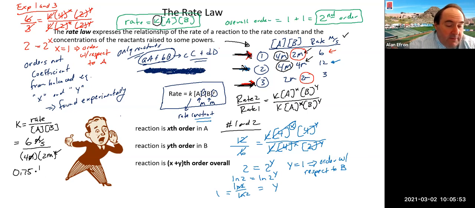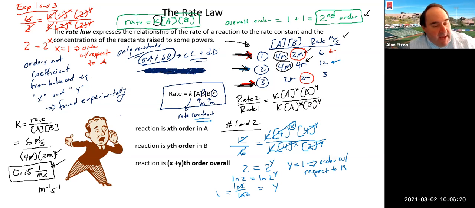We end up with 1 over molar seconds as the units associated with the rate constant, or M to the minus 1, s to the minus 1 is another way you could write that. These units for the rate constant are really important because just from the units you see associated with the rate constant, you would know it is second order. Those are very common units for second order reactions: 1 over molar seconds.